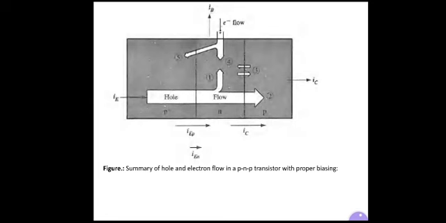In a good transistor, the base current will be very small, very negligible, since IE is essentially a hole current and the collected hole current IC is almost equal to IE. We know that IC is approximately equal to IE. That's why IB, the base current, is very negligible.